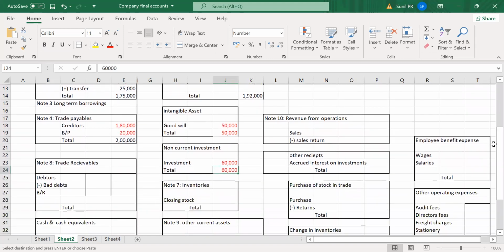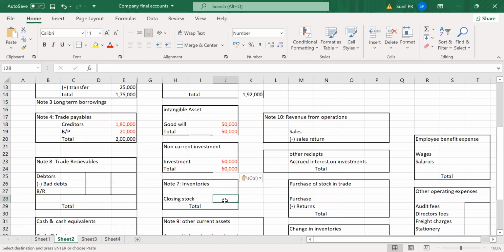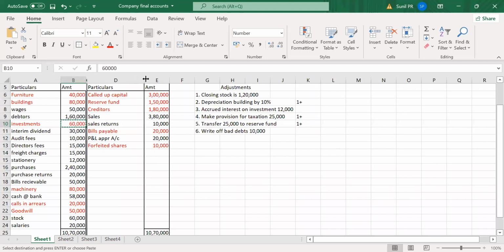Note number 7 is inventories. Inventories, as I told, closing stock is called an inventory. What is the closing stock now? Closing stock 1,20,000. So closing stock is in the adjustment. You have taken it once. One more time it is going to come. Where?